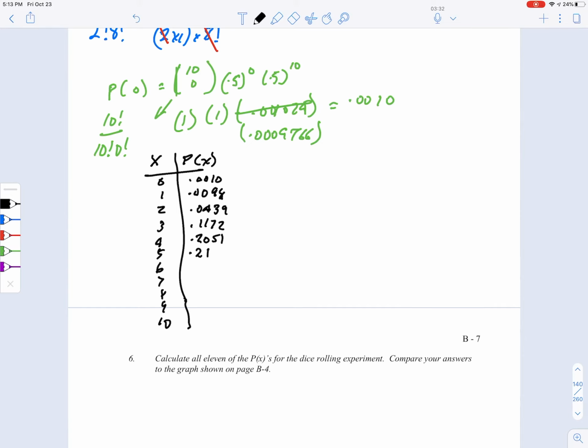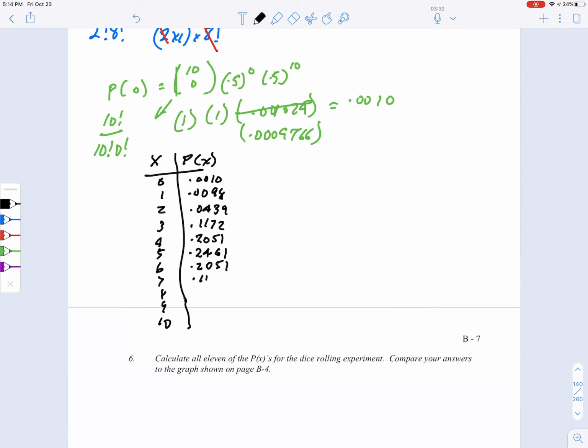Probability of getting 5 heads is 0.2561. And then the numbers, this is symmetric. So we just go back down again. Probability of getting 4 heads and 6 tails is the same as the probability of getting 6 heads and 4 tails.